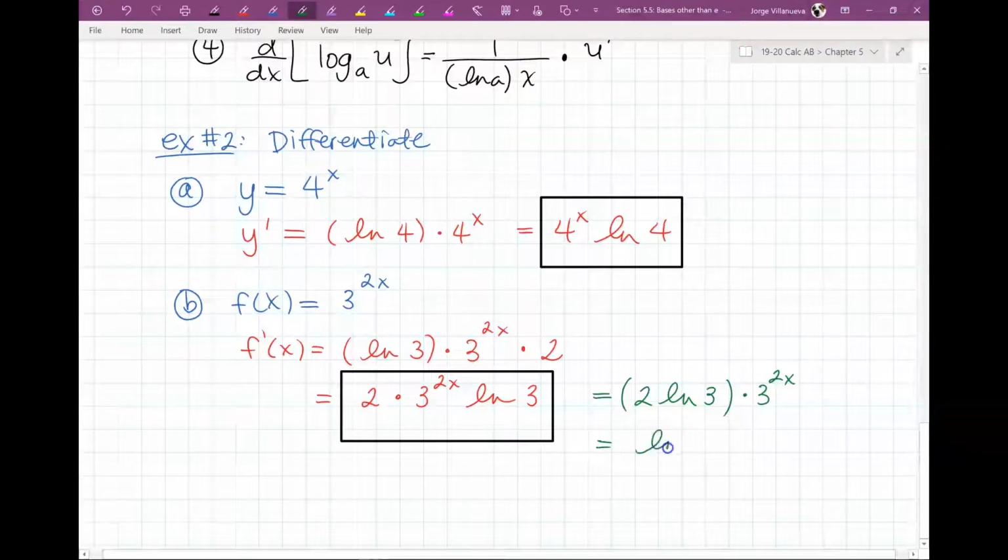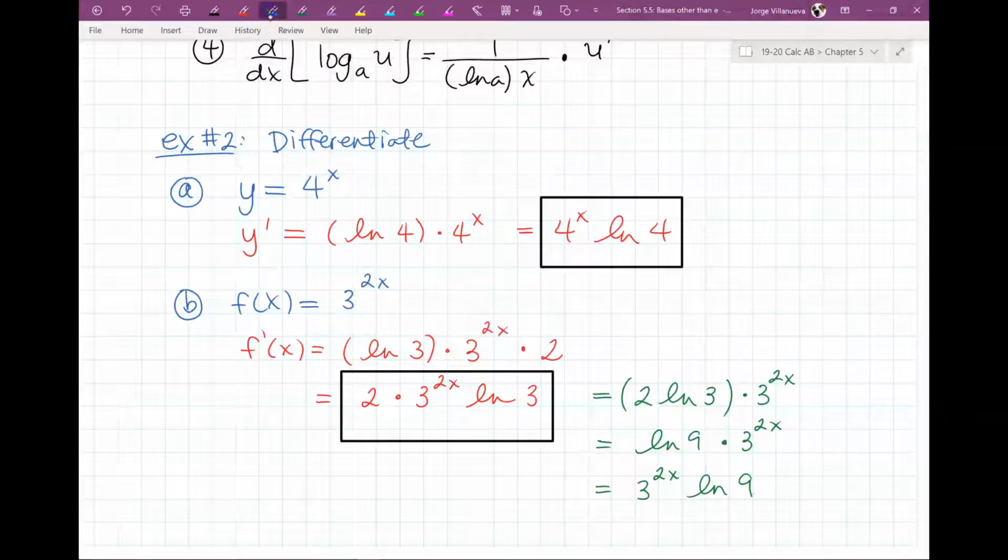So this will actually be ln of 9 times 3 to the 2x, which we can rewrite as 3 to the 2x ln of 9. So you can do that. Just kind of work with what's given to you. You'll notice sometimes the book will do that in its solutions. It's just trying to make it look as clean as possible. Okay? So whatever you feel like doing with that information, just as long as it's correct, right, should be okay.